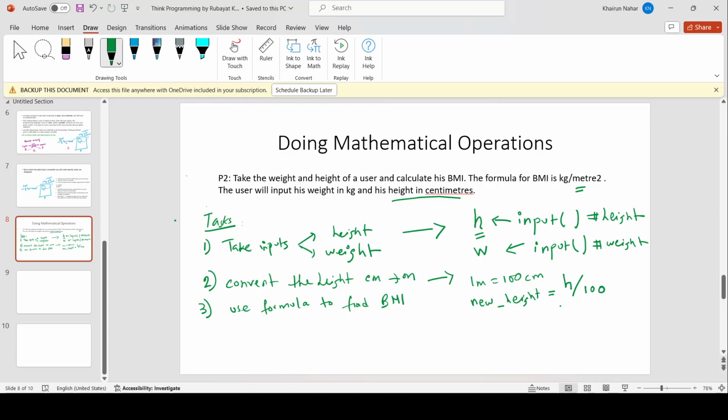Okay. So in computer science or in programming, slash is used to find the quotient, and this percentage sign called the mod in programming is used to find the remainder.